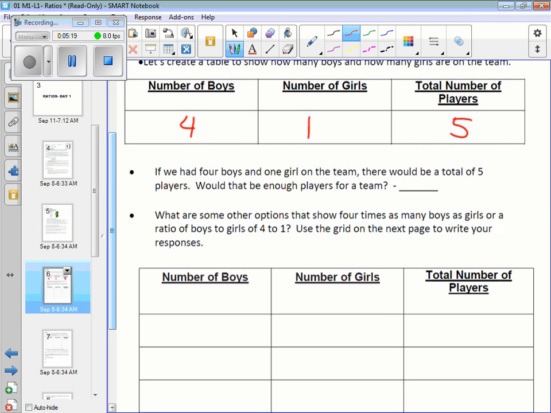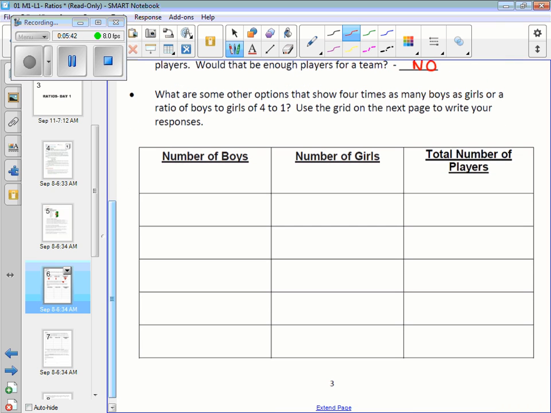Chances are, unless they're really, really little kids, most of the time it's no. But we can figure out all the possibilities of how many girls and how many boys are on that team based on the ratio that they gave us. And here's how we do it. Start with what they gave us again. There were 4 boys to every single girl for a total of 5.